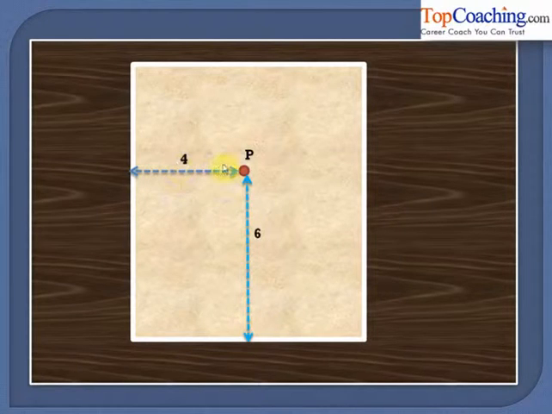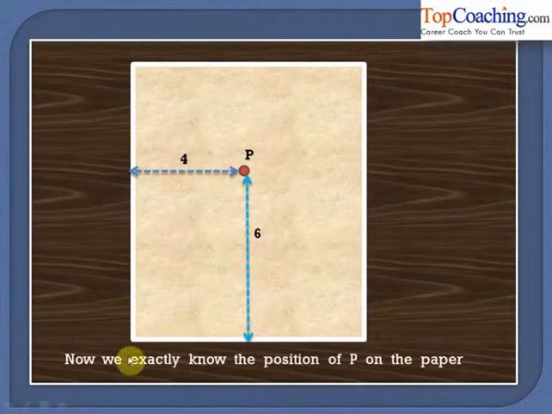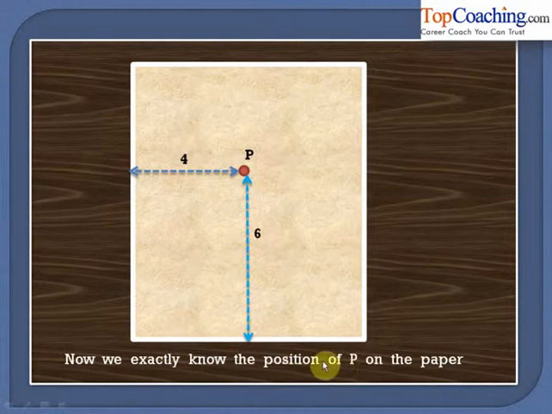This information and this information together help us to calculate the exact position of the point P. That is, P is at a distance of 4 units from this edge of the paper and also at a distance of 6 units from this edge, and these two pieces of information clubbed together give us the exact position of point P. So now we can exactly know the position of the point P on the paper.